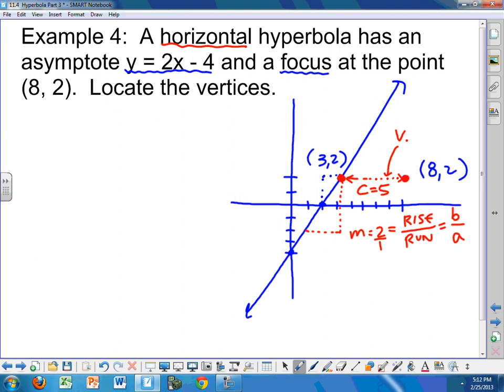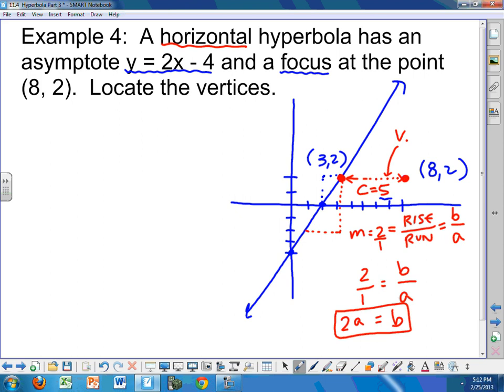So I know then that 2 over 1 equals b over a, or in other words, b is equal to twice a. That's important.